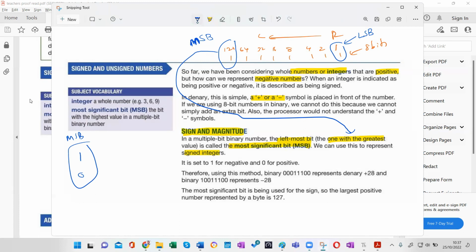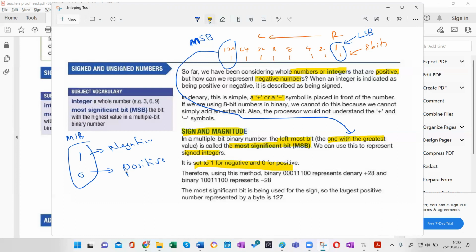If the most significant bit is 1, we are representing a negative number. If it is 0, we are representing a positive number. Simple as that. So remember, 1 is negative, 0 is positive. Is that clear? Anyone who's not clear?